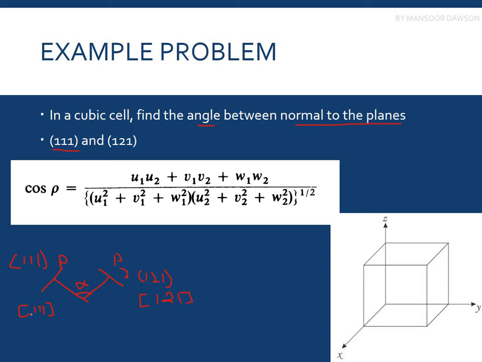So this is u1, v1 and w1, and this is u2, v2 and w2.